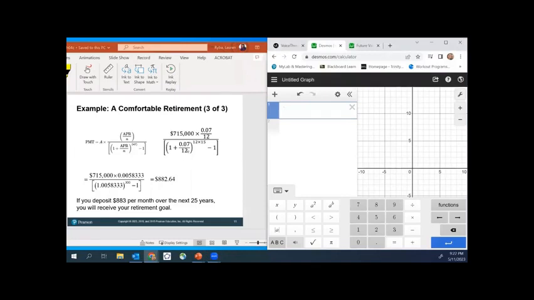I'll first show you how we could type this formula into the Desmos Scientific Calculator. 715,000. I've got the times 0.07 all over 12. And then what I want to do is I want this to be the top of my fraction. So if I highlight it and then hit the divide button, it'll make the fraction there.